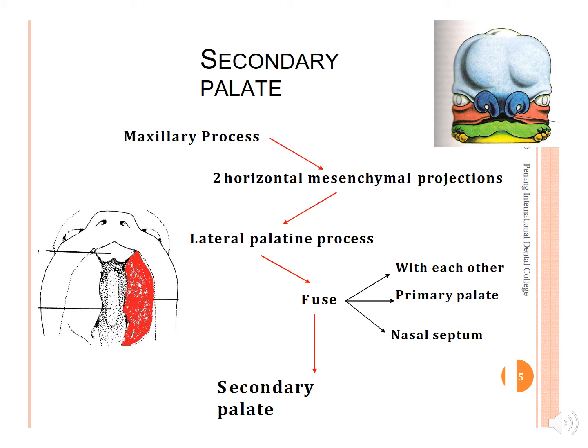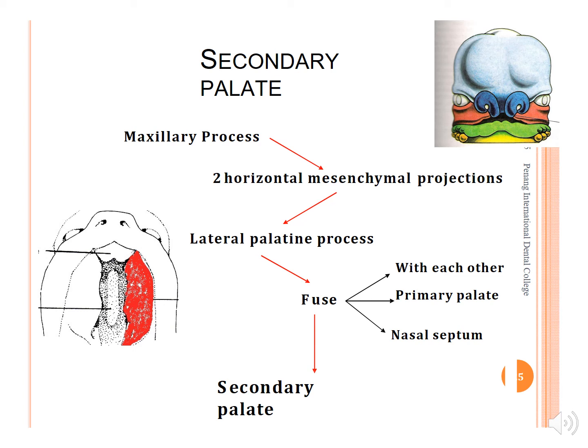During the 7th and 8th weeks, the medial wall of the maxillary process produces a pair of thin medial extensions, which are called palatal processes. Initially, these grow predominantly vertically, downward and parallel to the lateral surface of the tongue.